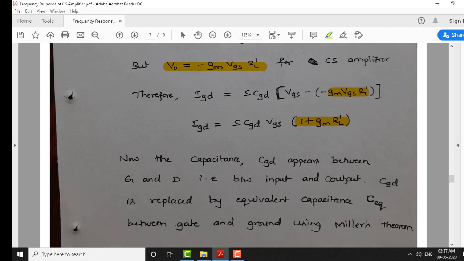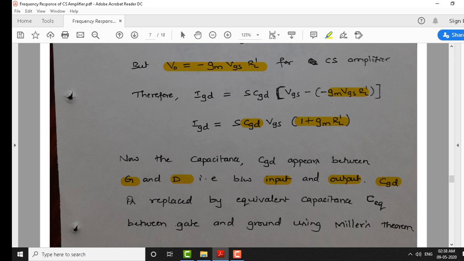Now the capacitance CGD, you can see here, appears between the gate and drain, as we have seen in the equivalent circuit as well. In other words, CGD is a capacitance connected between the input and the output here. This is very important when there is a capacitance connected between the input and output, such as CGD.